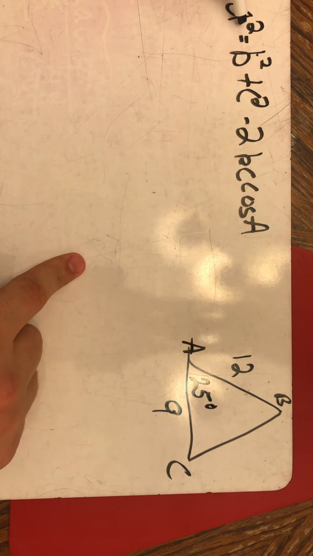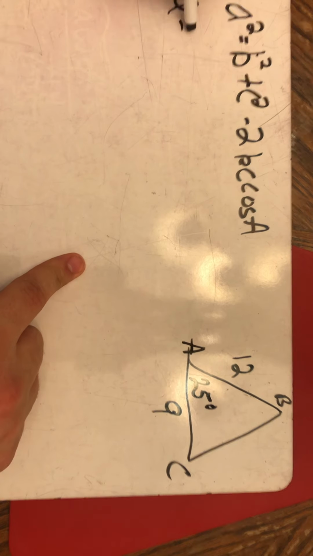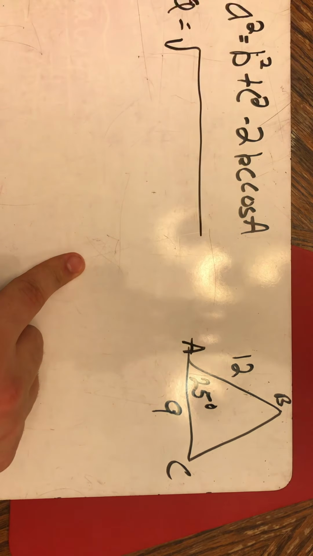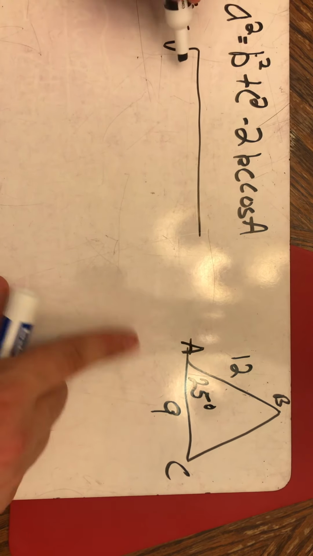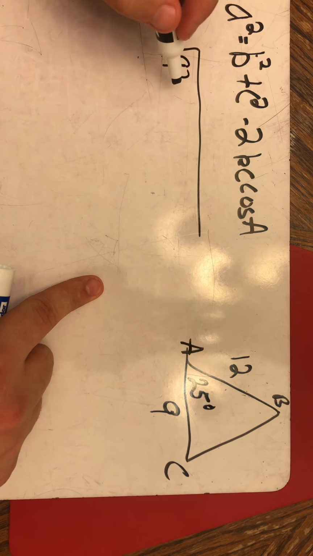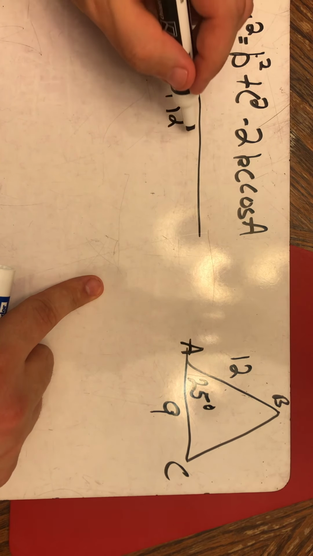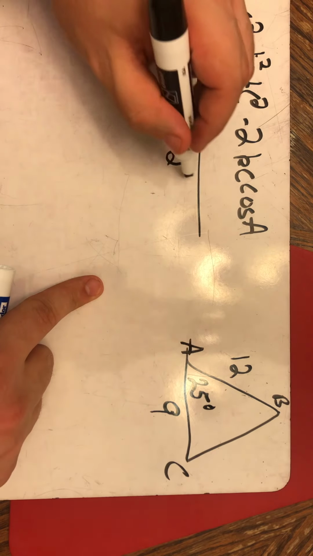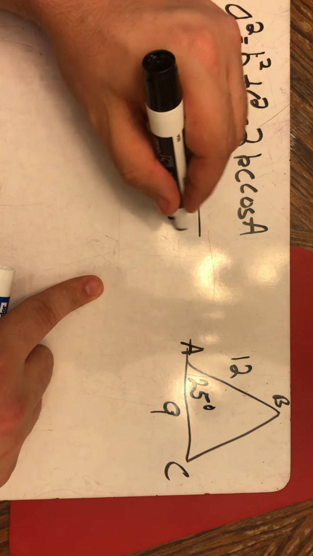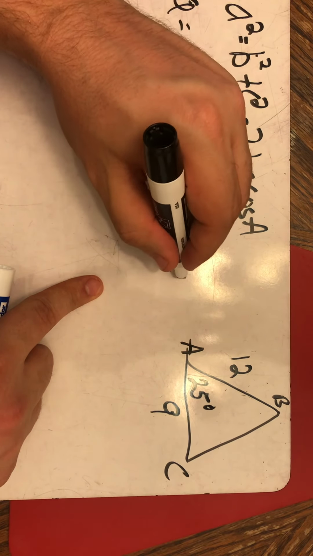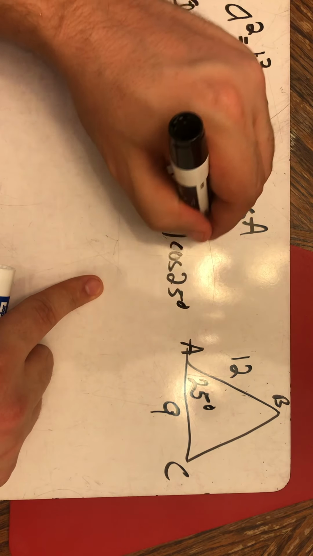So to get rid of a square, we have to square root the entire thing. So you have A is equal to the square root of all this stuff. B is 9, so we're going to have 9 squared plus 12 squared minus 2 times 9 times 12 times the cosine of 25 degrees.